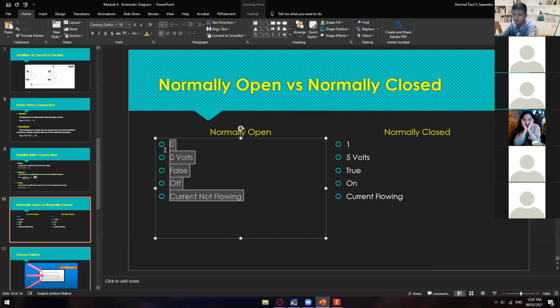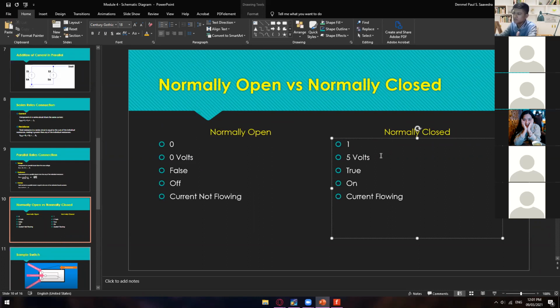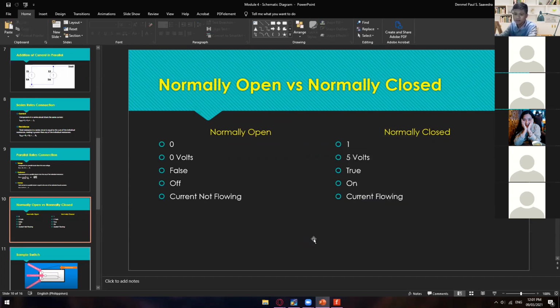We have a lot of representations when it comes to normally open. And the normally closed is just the opposite of the normally open. This one is represented by 1 in binary, so it's turned on. There is a voltage flowing, 5 volts. It is true, it is on, and the current is flowing.